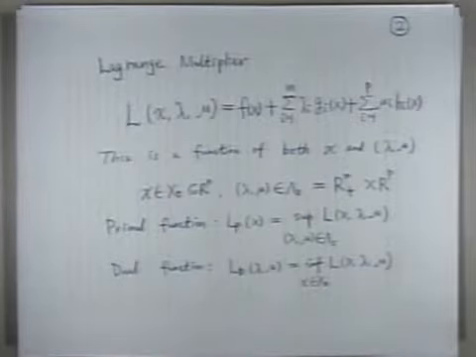And then, of course, alternatively, I can define the so-called dual function, which means for a fixed value of x, I try to find the minimum of this Lagrangian function with respect to lambda and mu.